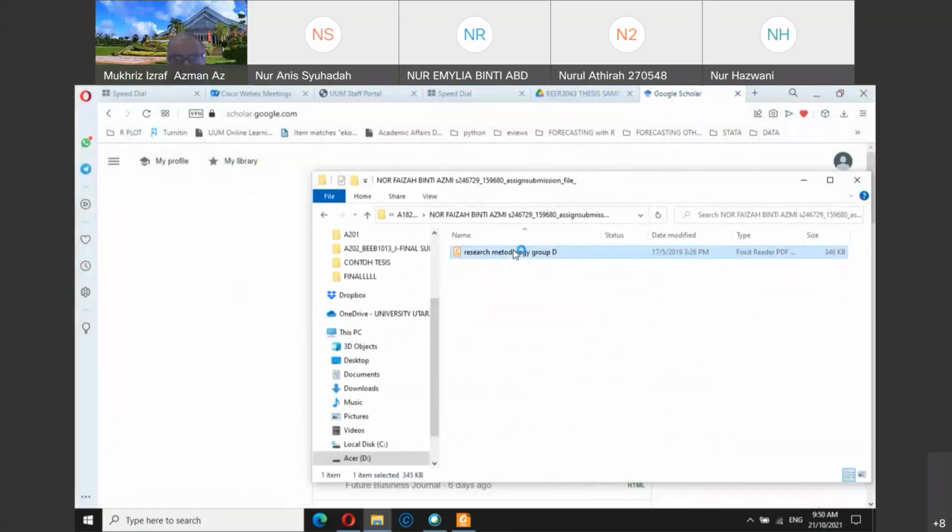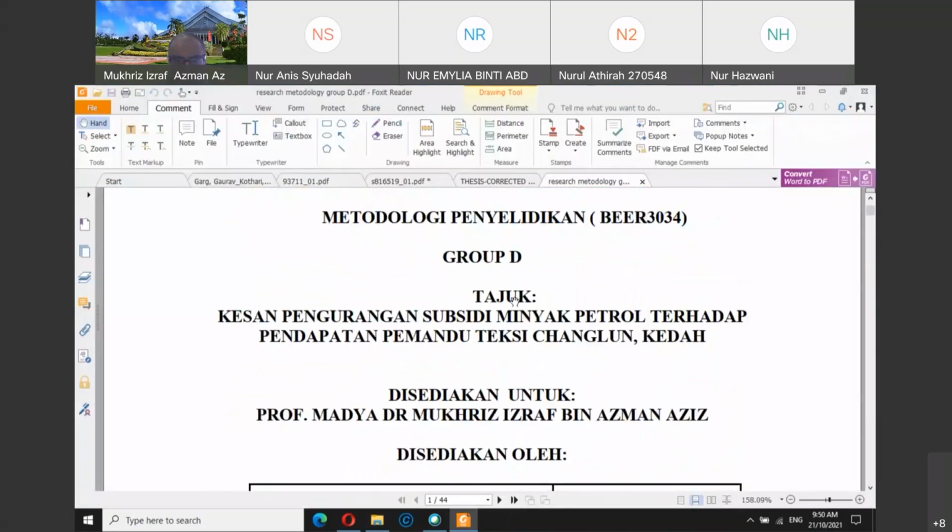Another one will be on the impact of petrol subsidy on the taxi drivers in Changlun. Basically, the issue is the government reducing the petrol subsidy, which led to an increase in petrol prices.